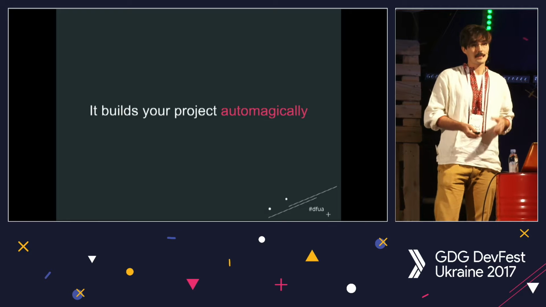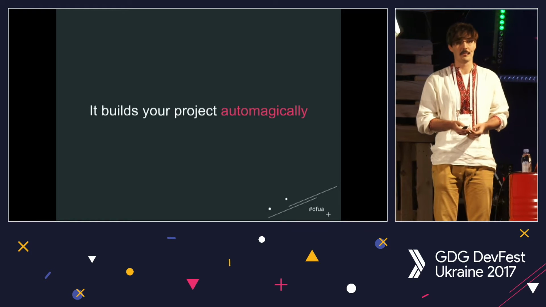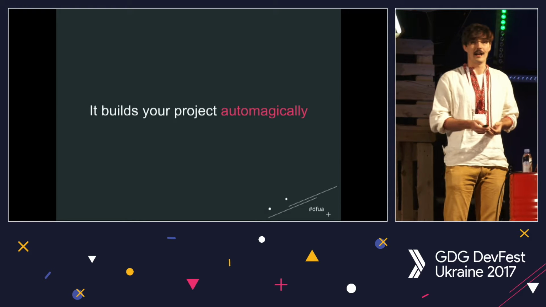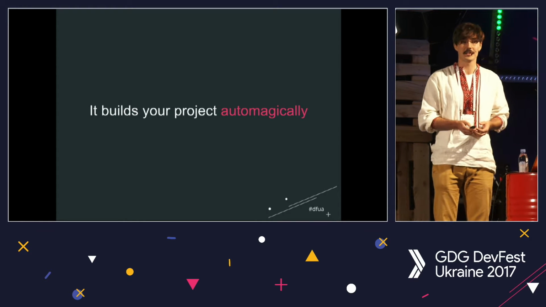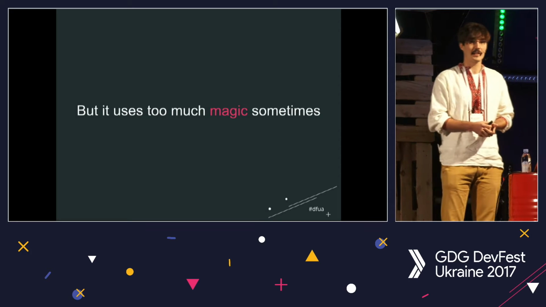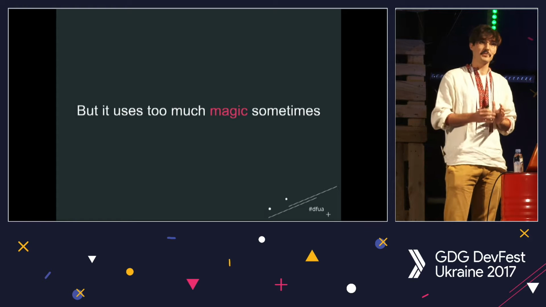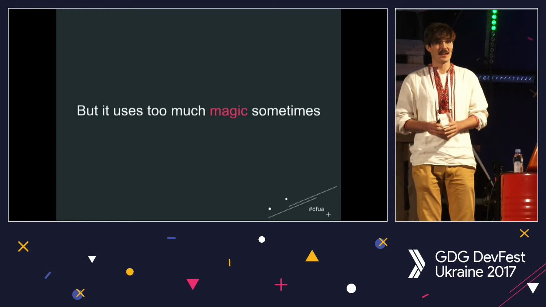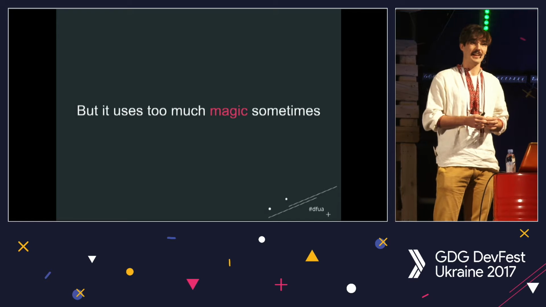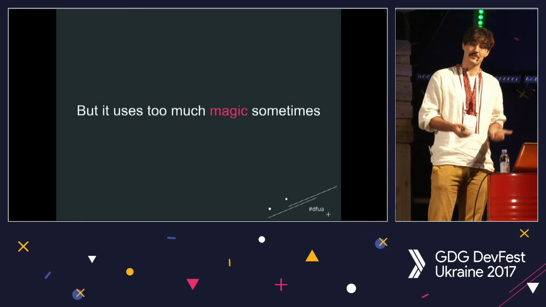But when you try to make your build logic more advanced or configure your build in some unusual way, you can discover that there is a bit too much of magic. You don't really understand how it works because it's not so easy.